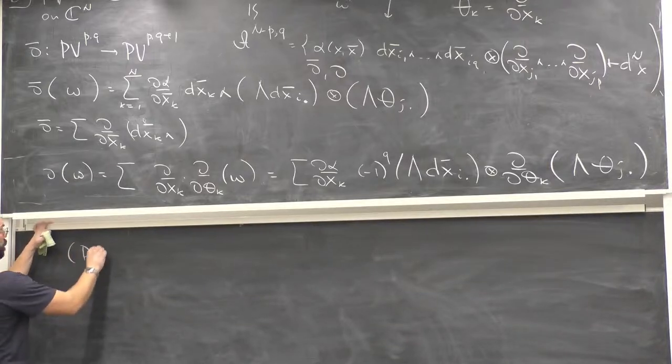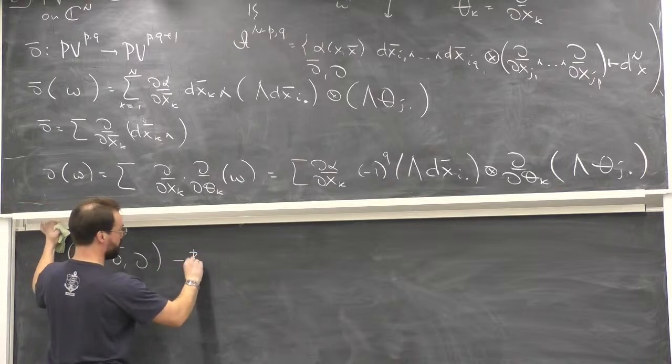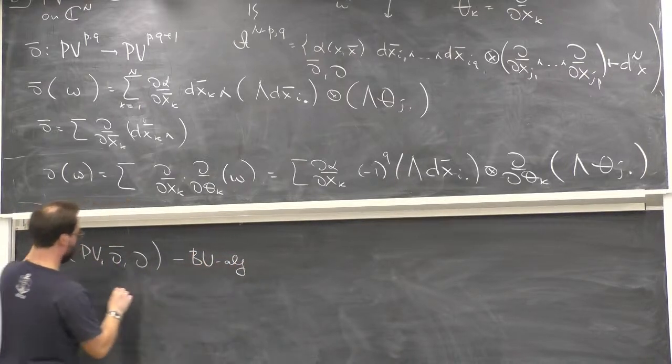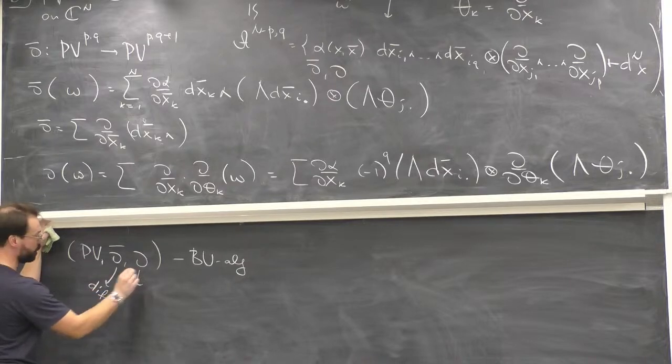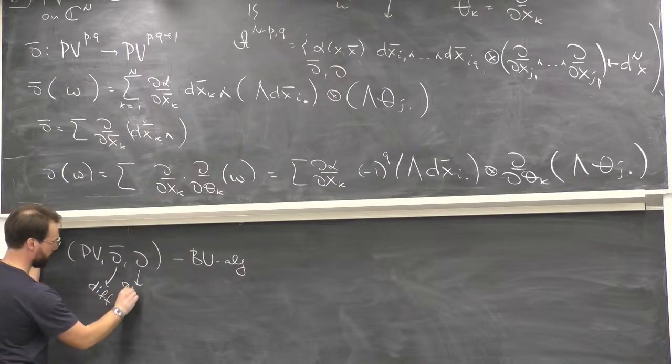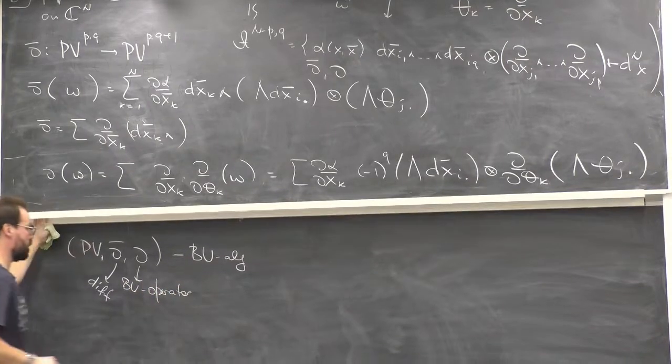So PV with D bar and D is an example of a BV algebra, with this being the differential and this being the BV operator. A bit unusual, but so.